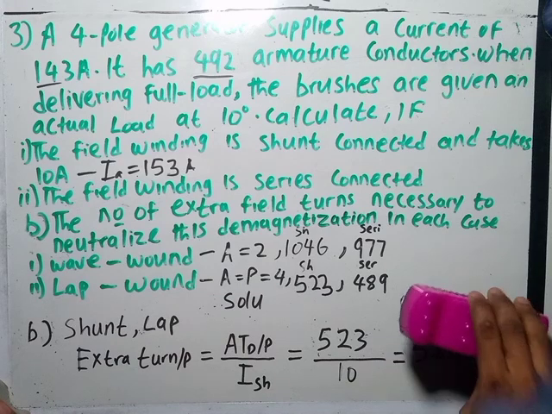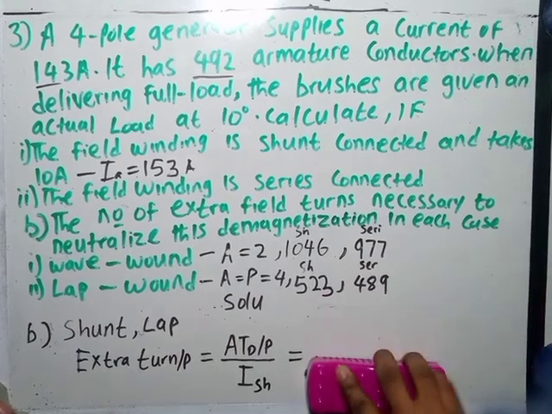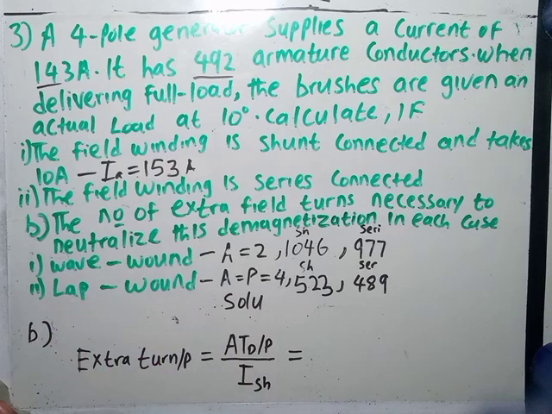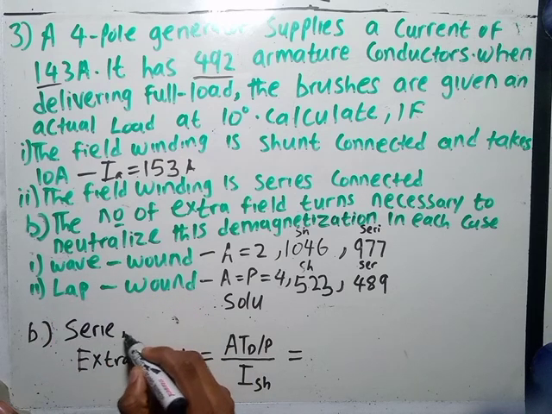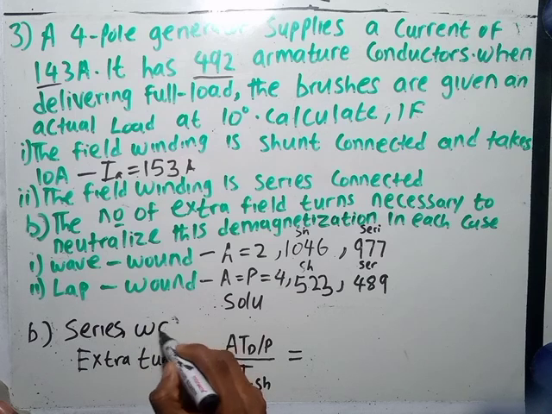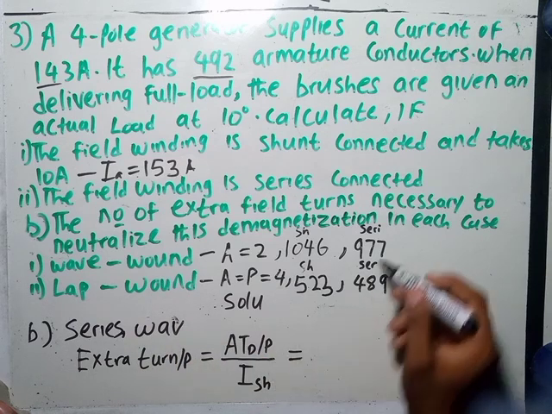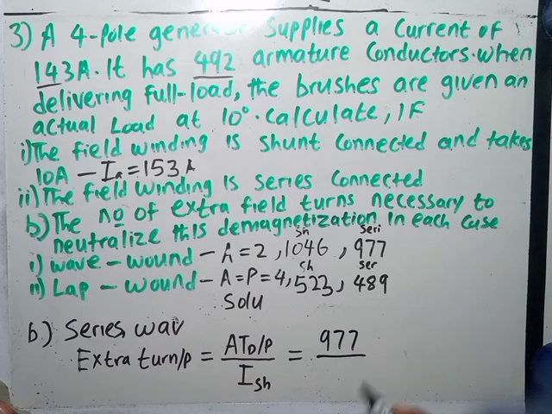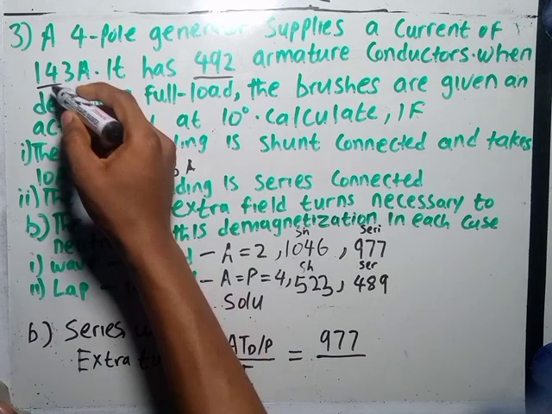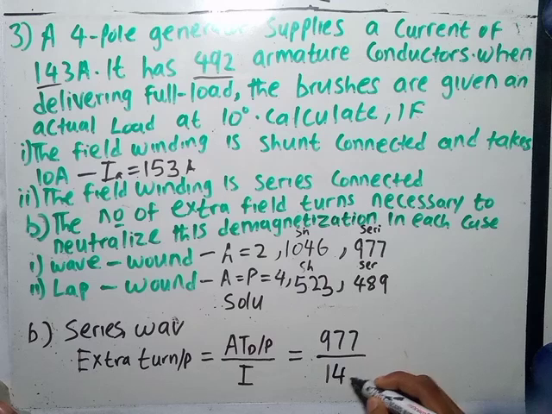Now for the series wave, we have that our ATD to be 977 over. Now since we're dealing with series, we're no longer interested in I shunt, but just I, which is your 143.